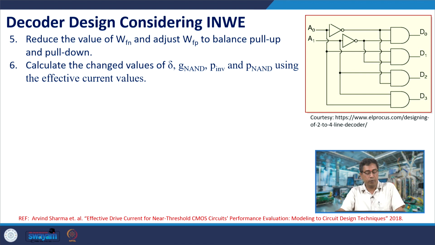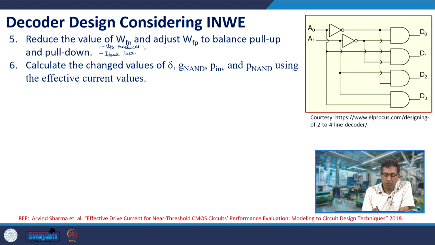So, now we reduce the value of WFN. When we reduce the value of finger widths, threshold voltage reduces, so leakage current increases, delays reduce.